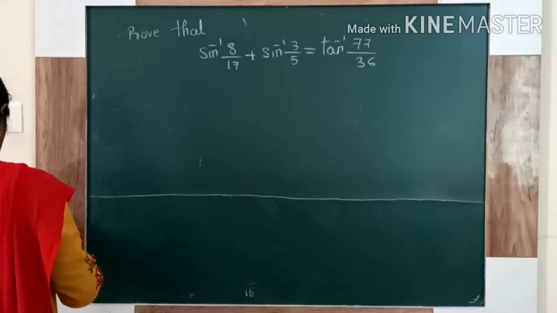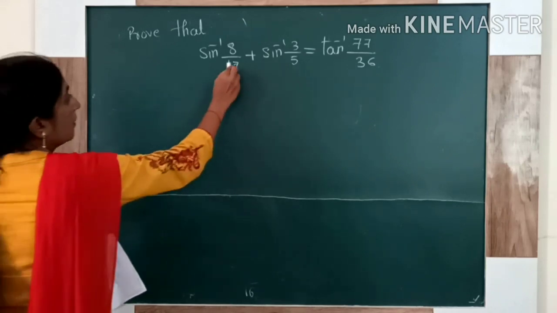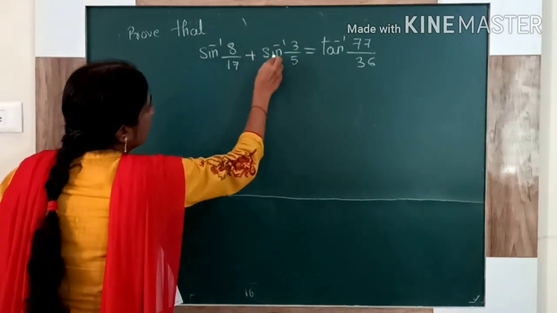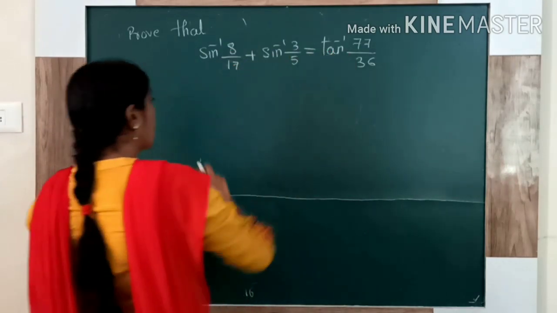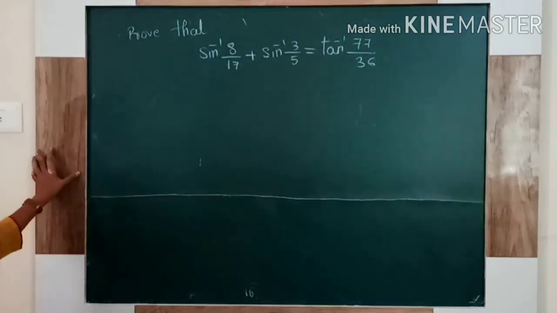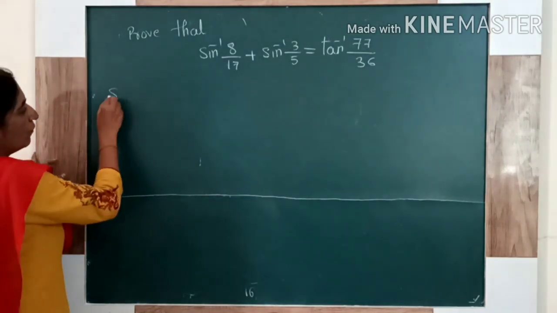So here, these two are in the form of sin inverse, but this is in the form of tan inverse. So better you convert the sin inverse into the form of tan with the help of a triangle.